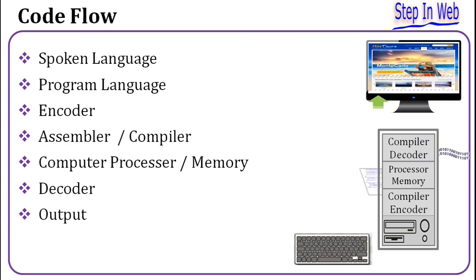Once we write that code, we have to load it into the computer system along with the programming language compiler. Then the computer will encode that code, then it goes to the assembler or compiler, then it is processed by the computer processor and saved as binary code in the memory.